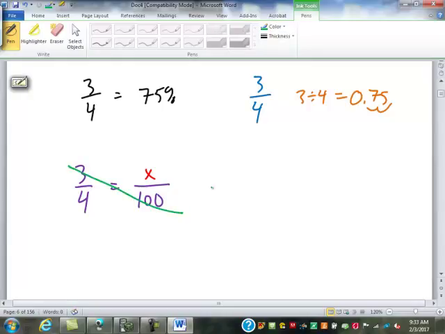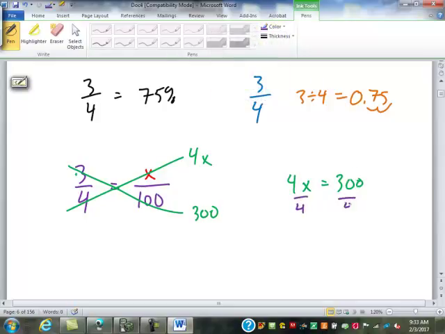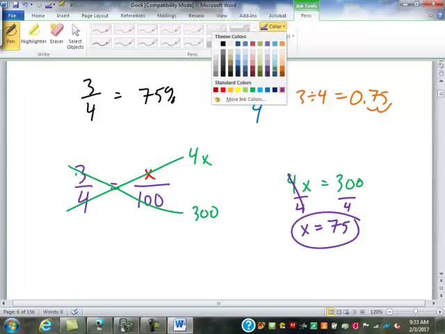When you have two equal fractions or two equal ratios like this, the cross products must be the same. 3 times 100 is 300. 4 times x is 4x. So you get 4x equals 300, and you would solve that equation by dividing by 4. 300 divided by 4 is 75. So x equals 75. 75 out of 100 is 75%.